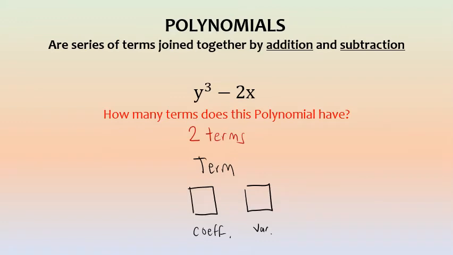Okay? So, it is important, class or students, to understand na hindi palaging kumpleto yung ating mga terms. So, kanina sa example natin, we have 4x cubed plus 3x squared plus 6x plus 8. No? Kumpleto. Pero dito sa example natin ngayon, it is y cubed minus 2x.